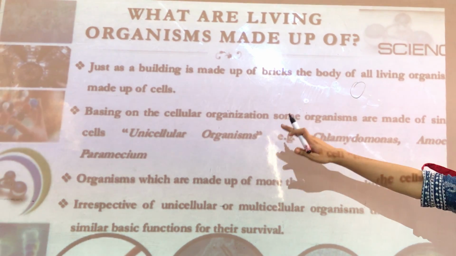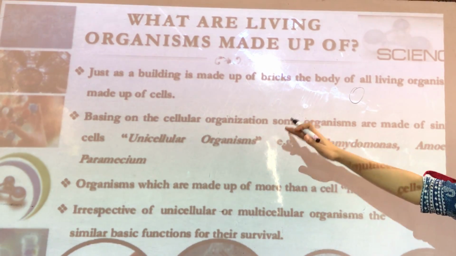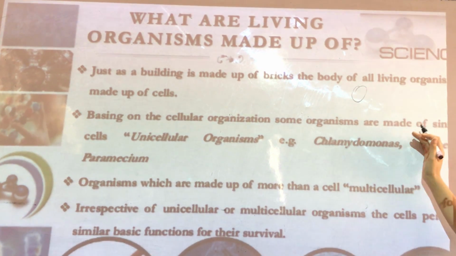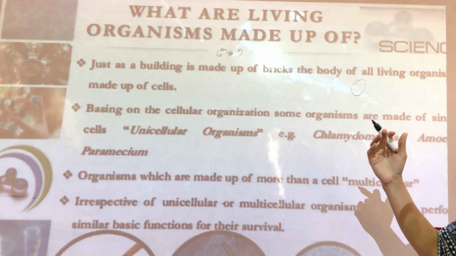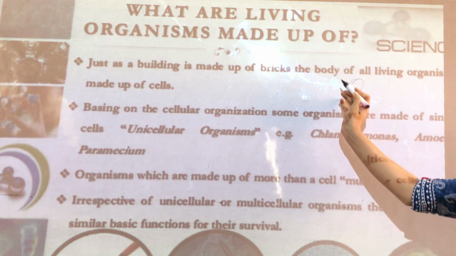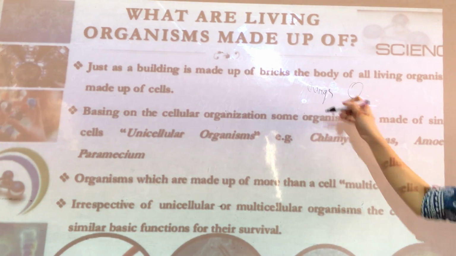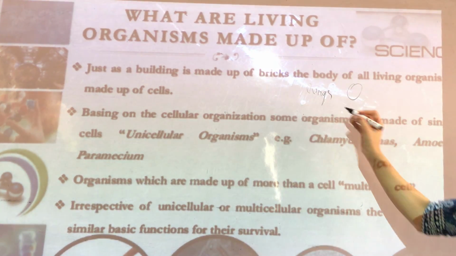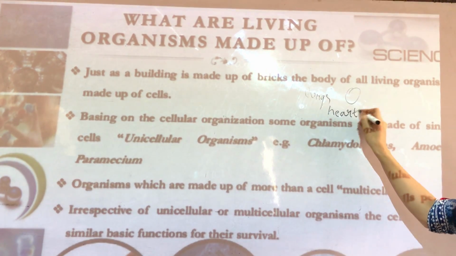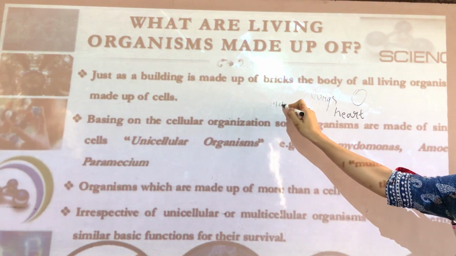Based on the cellular organization, some organisms are made up of one single cell. For example, in human beings there are so many organs: lungs, kidney, heart. To make all these organs, we need many cells.